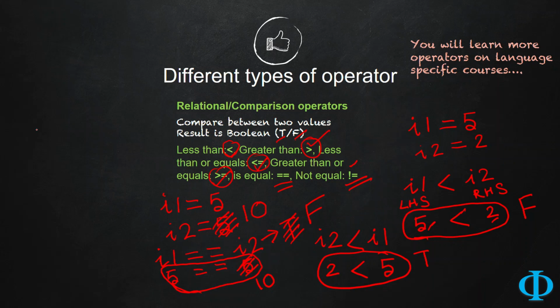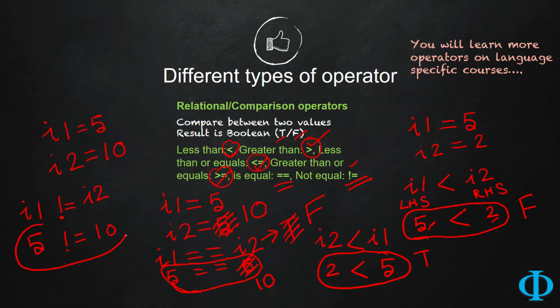Let's say the value of I1 is 5 and I2 is 10 now, and I do I1 not equals I2. It will check whether the values are unequal or not, that is, whether 5 is not equal to 10 or not.